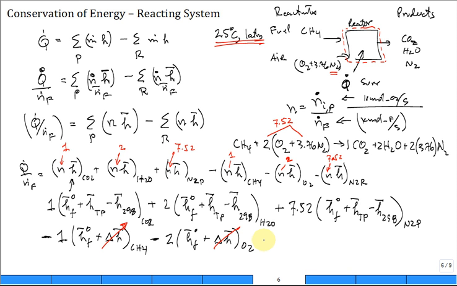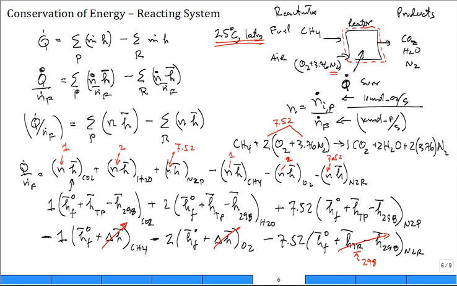And then you have minus 7.52 enthalpy formation plus, let me write it like this, enthalpy temperature reactants minus enthalpy 298 N2 of the reactants. Again, we assume the temperature of the reactants is 298, hence that delta H is 0.